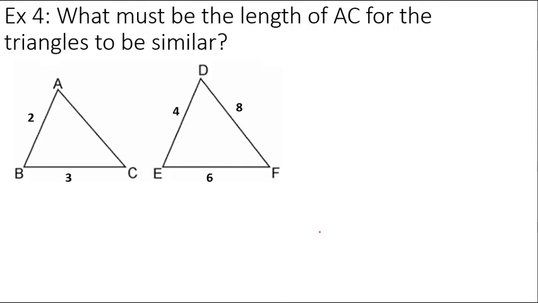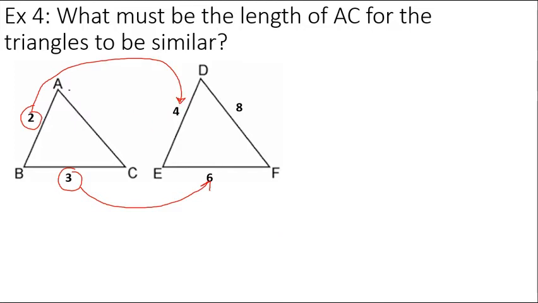Number 4 says, what must be the length of AC for the triangles to be similar? Okay, so if I'm putting these together, I know 3 and 6 correspond. This 2 and this 4 correspond.